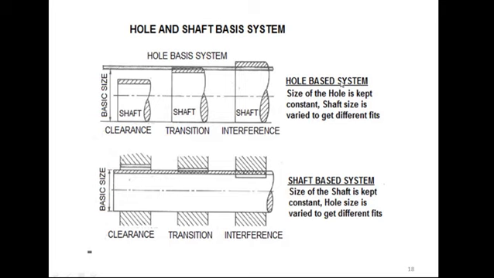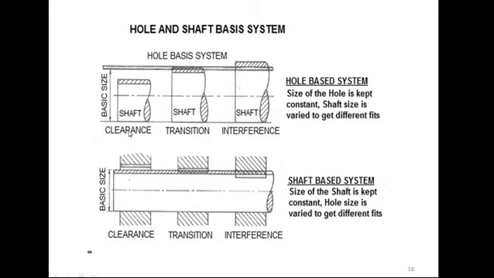What we have shown here, see here, first is a hole based system. In a hole based system, this is your hole. We are going to keep this hole as a reference point, and then we are going to change the sizes of your shaft.